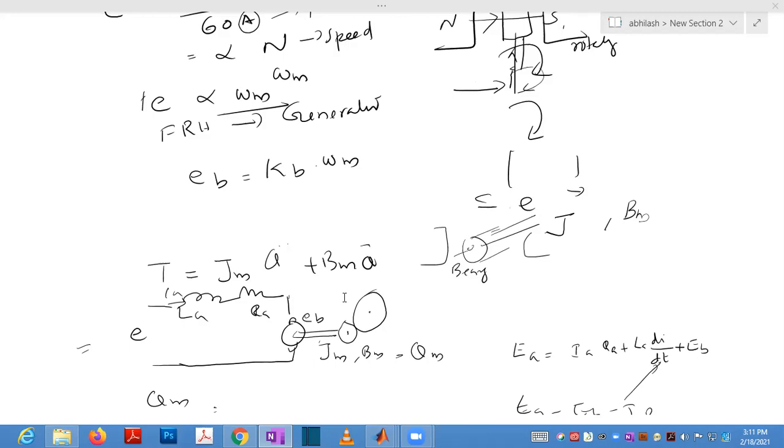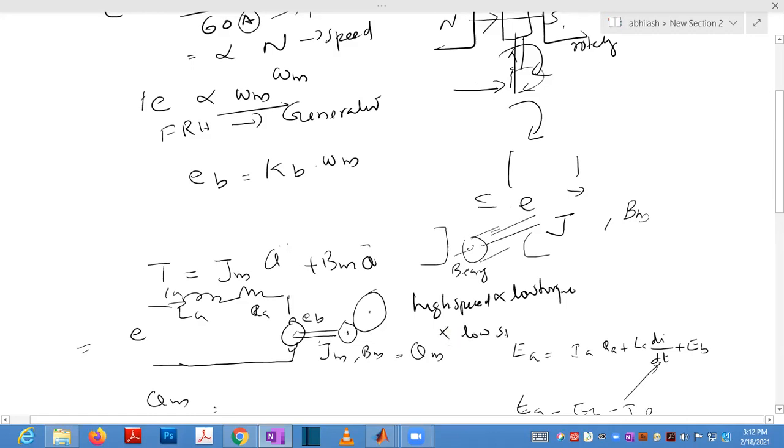On this motor side we are having high speed and low torque. But we want low speed, high torque in the output, because we are driving something.